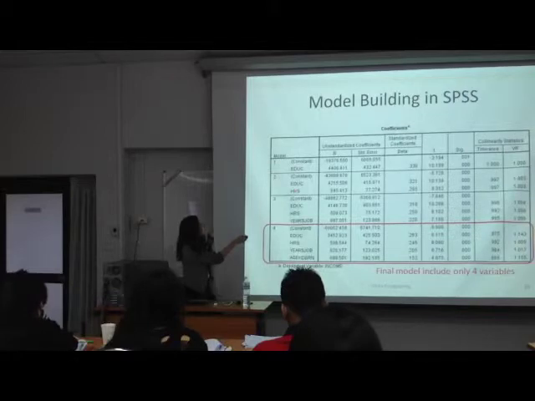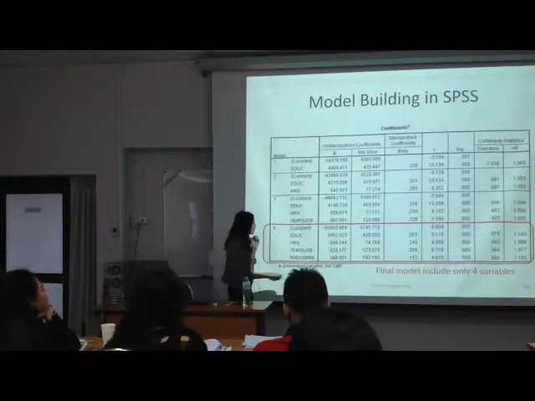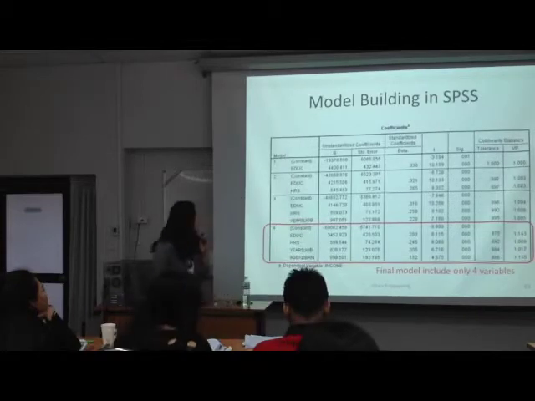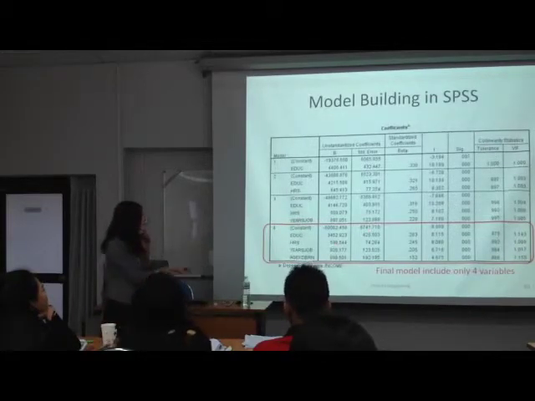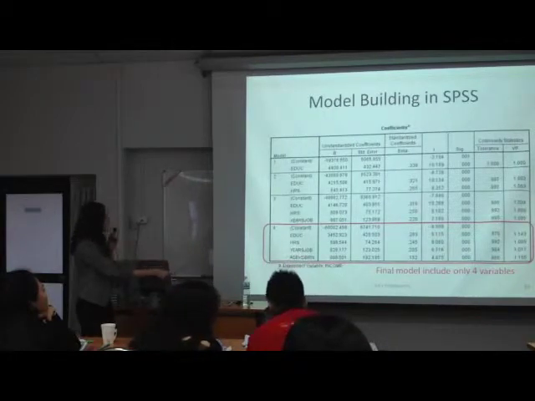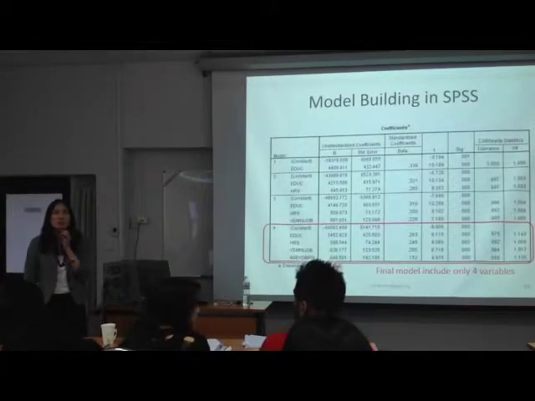And then in the second step, they add one more variable. The third step, they add another variable. And then the fourth step, they include one more variable. So you always use the model in the last row. So this model suggests including only 4 variables, not 8 variables.